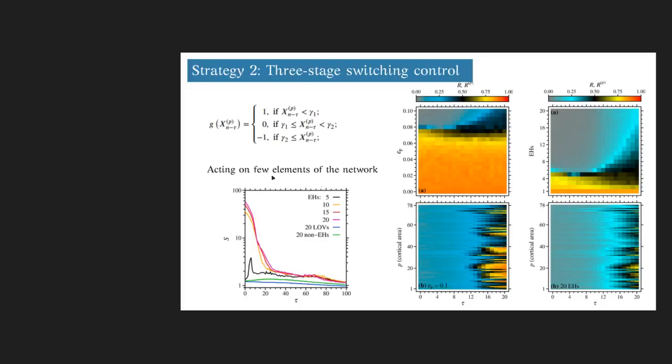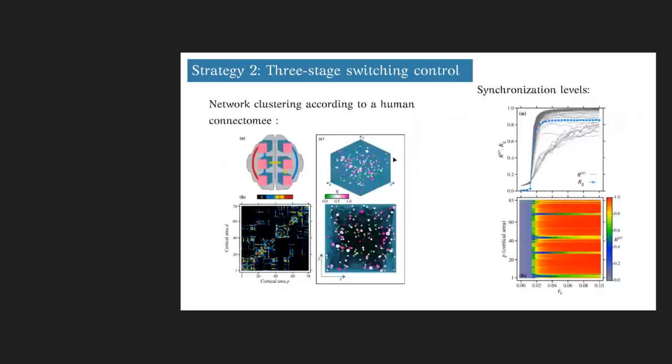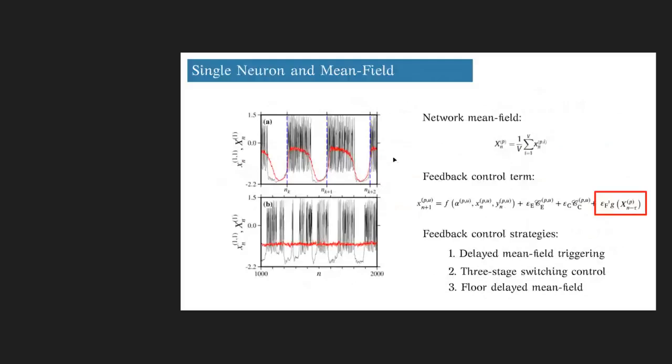So these results are for epsilon feedback equal to 0.1. The G function is multiplied by epsilon f in this equation, so epsilon f in the case of two-stage control must be almost 0.08.